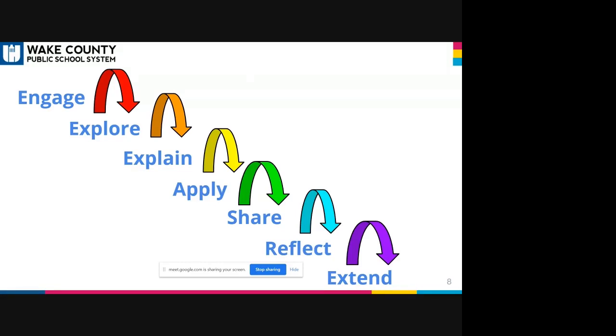And that may take on a whole different look now that we're remote. They may just be sharing with you. They may be sharing with a parent, a family member, or caregiver at home. And we also want to make sure we tie in a reflective piece so that the kids really think about what they've learned and they're able to show us what they know.